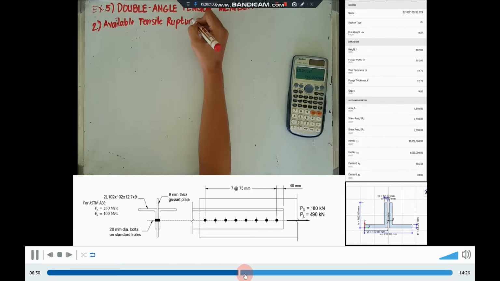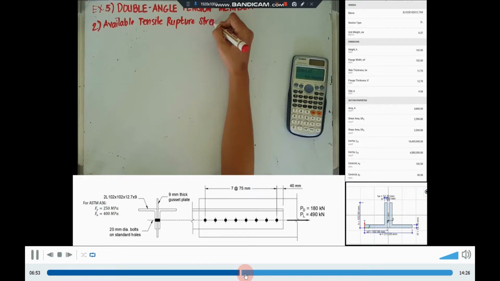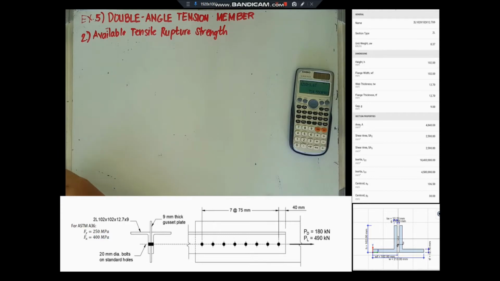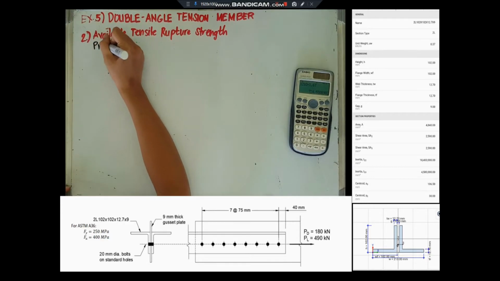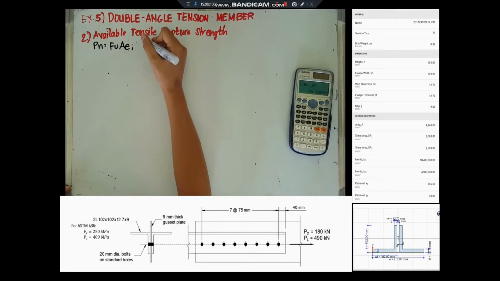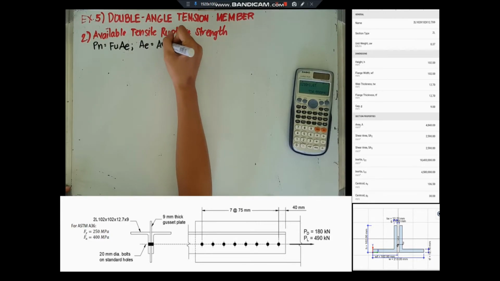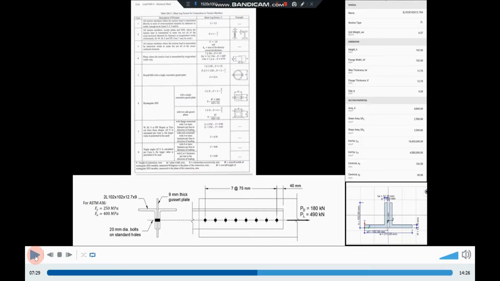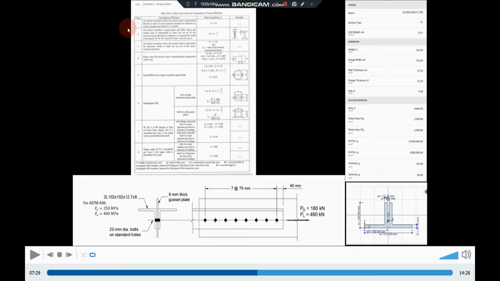Next is to determine the available tensile rupture strength of the member. So, nominal tensile strength Pn is equal to the tensile stress multiplied by the effective net area rather. And for our shear lag factor, we will consider case number 2. All tension members except plates and HSS, so we will apply this one.